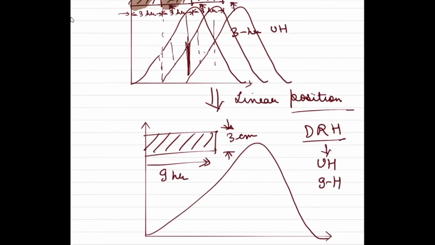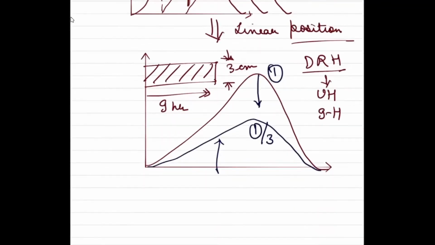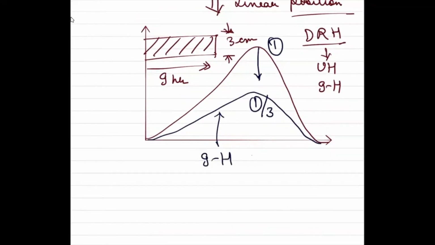Divide the ordinates by 3. So if this is my curve 1, this is 1 divided by 3. This becomes my 9-hour unit hydrograph.